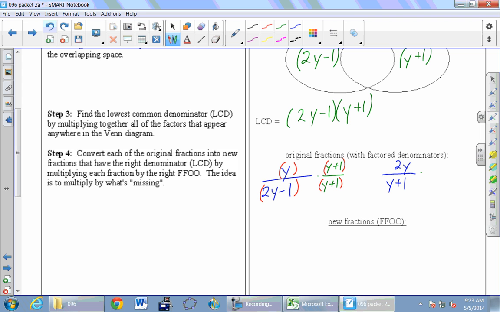Moving to the second fraction. Say it again. 2y minus 1 is what we're missing, right? Current denominator is y plus 1. Want to make it green, 2y minus 1. Downstairs because that's what we want. Upstairs because we have to. And again, parentheses everywhere.